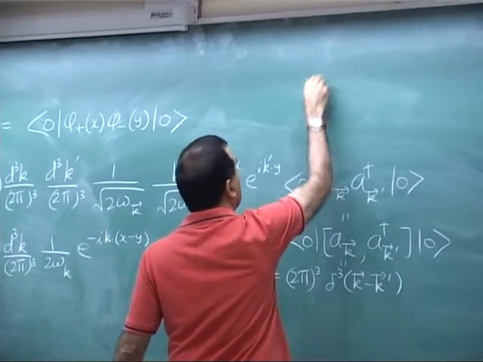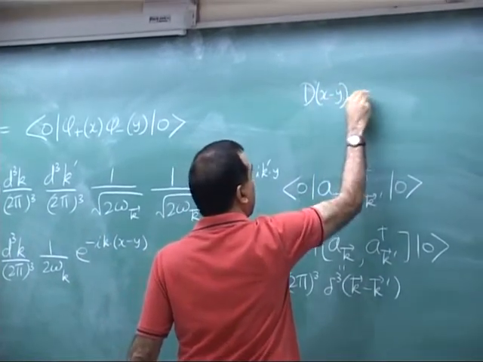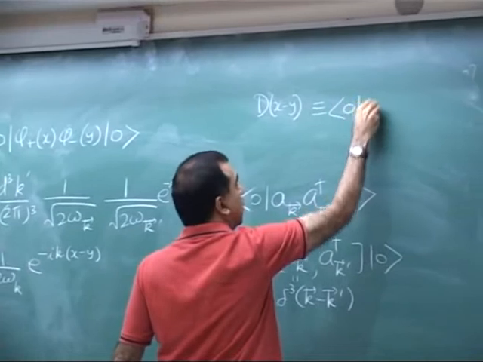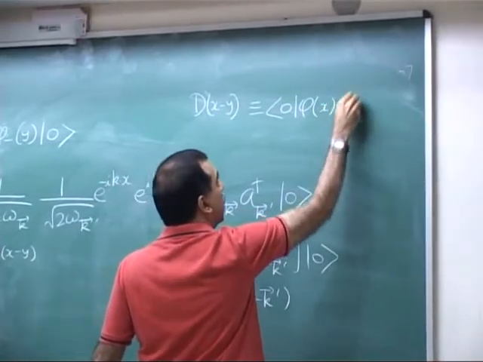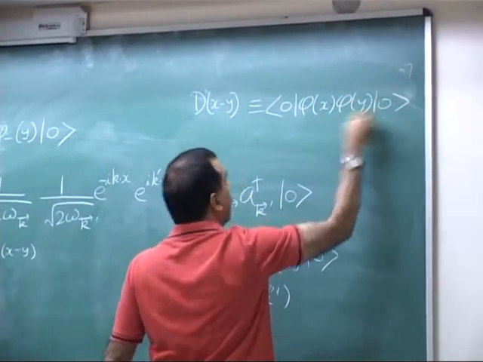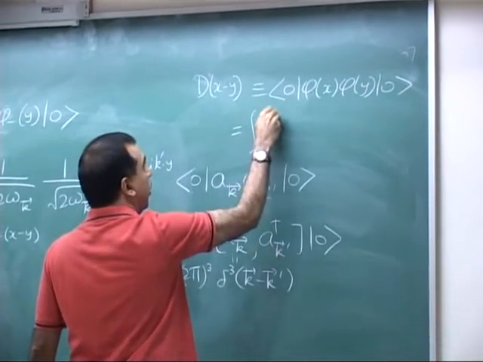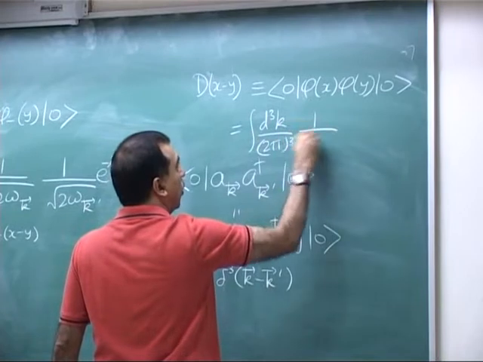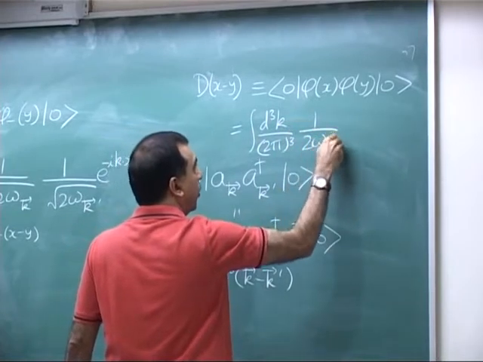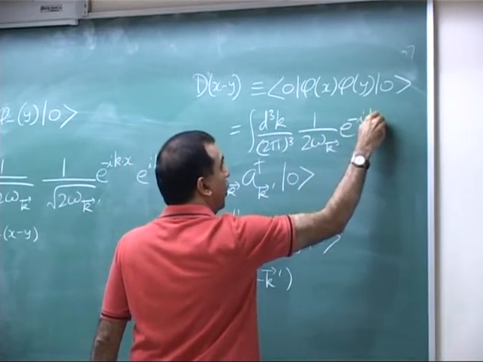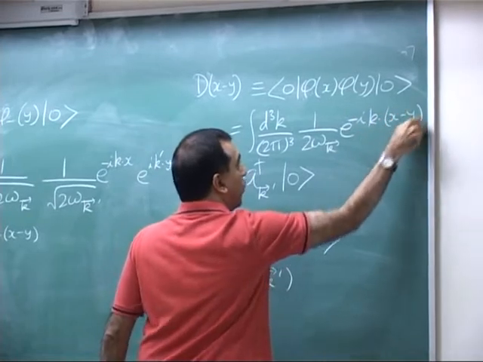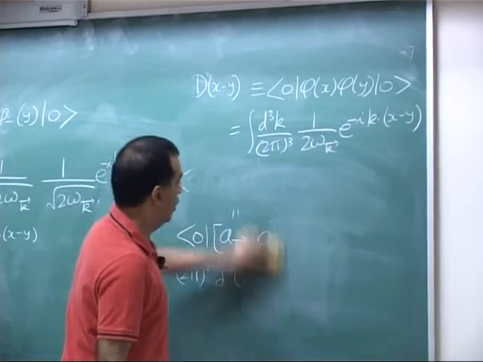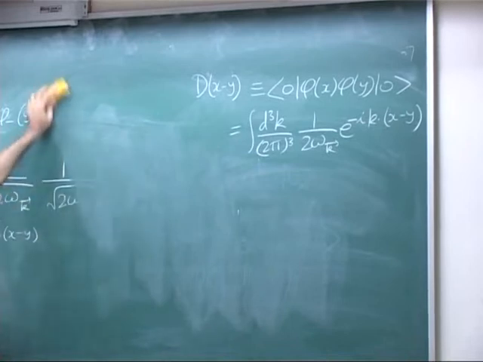In this corner: D(x minus y), which is defined as the 2-point function of phi(x), phi(y), is the integral d^3k over (2π)^3, 1 over 2 omega_k, e to the minus ik dot (x minus y). That's all I need for now.